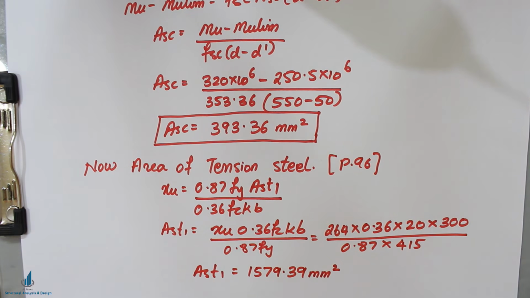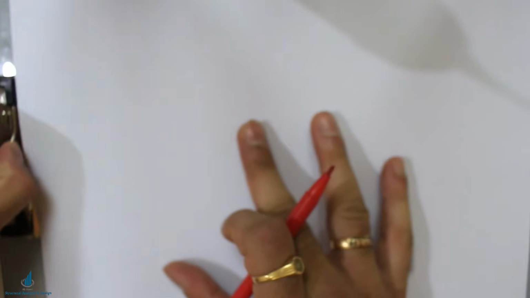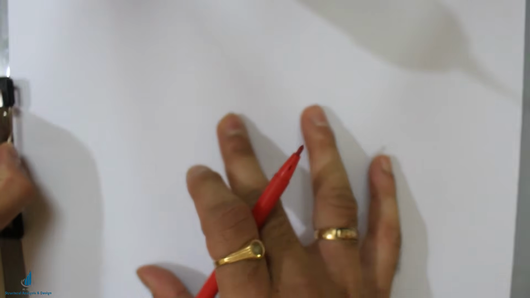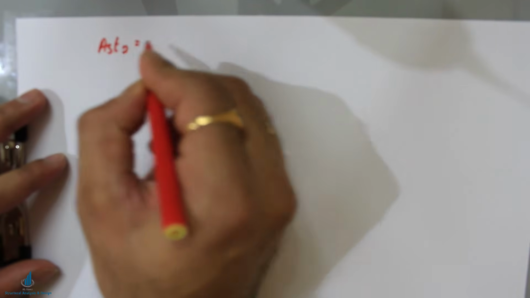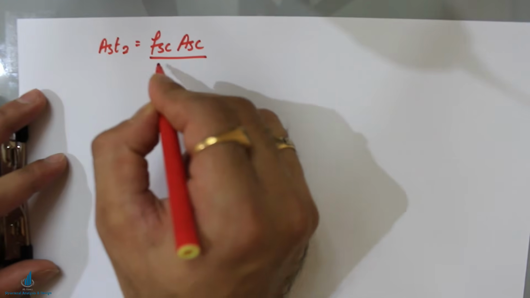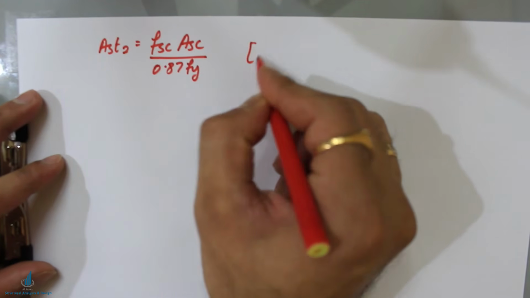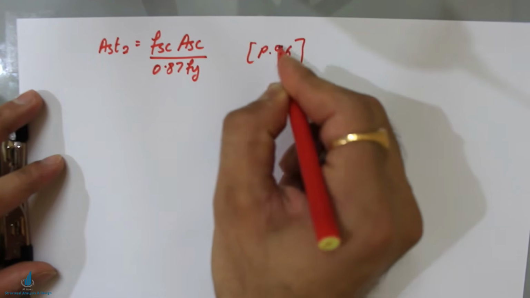Now Ast2 you can directly find out, which was given on page number 96. So now Ast2 is fsc Asc divided by 0.87 fy. Page number 96 again.